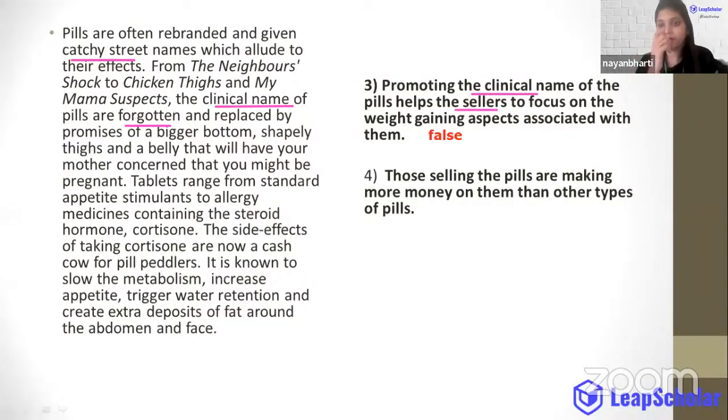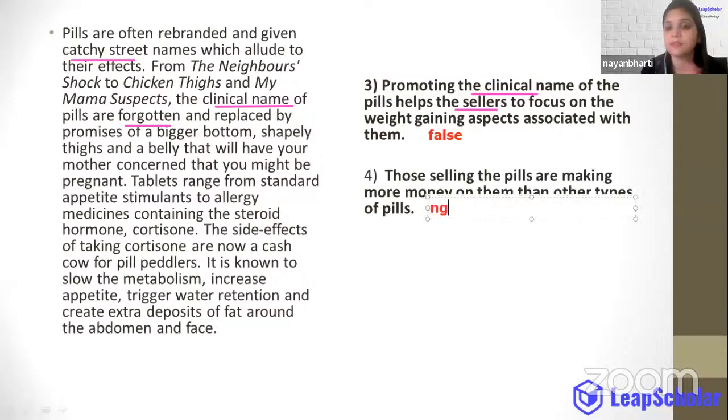That's the thing. If you are giving false, just recheck. False means, in the passage, they have mentioned that if they are selling other pills, they are earning more, right? So false means contradictory. Have they mentioned anywhere that by selling other pills they earn more, or by selling this pill they earn less? Is that the case? No, right? So since this information is missing, I'm going to give it as not given.